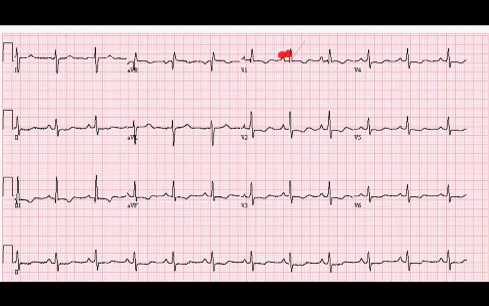So those are signs of right ventricular hypertrophy and strain. However, the axis is not very far to the right. The axis is rightward because it's negative in lead 1. So I would say this is right axis deviation and right ventricular and right atrial hypertrophy. Good.